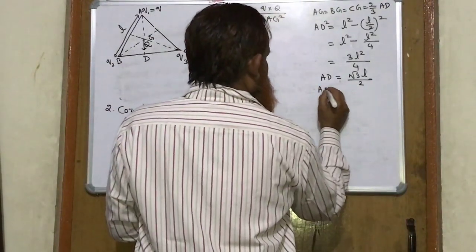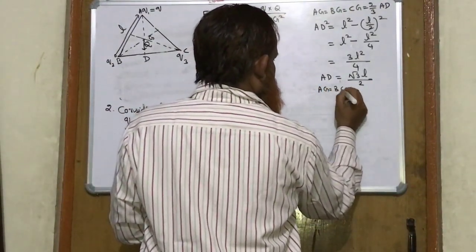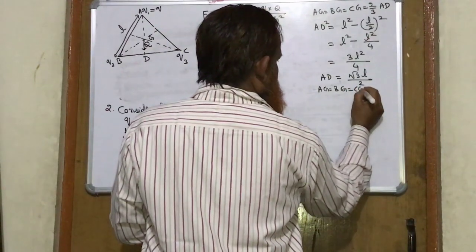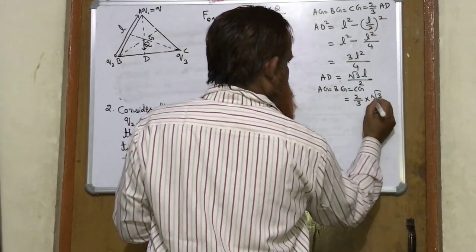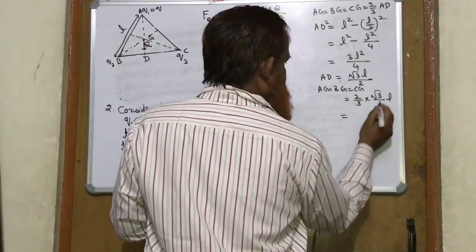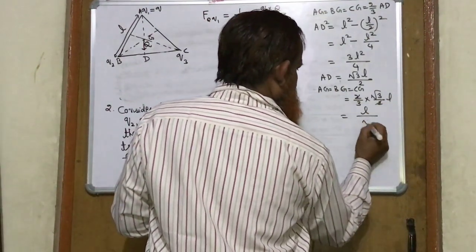So AG is equal to BG is equal to CG, which is 2 by 3rd into root 3 by 2 L. It will be L by root 3.